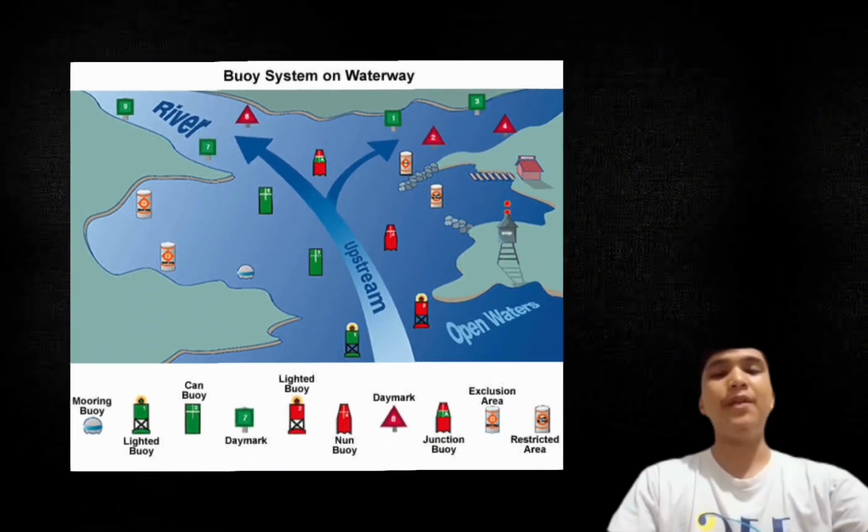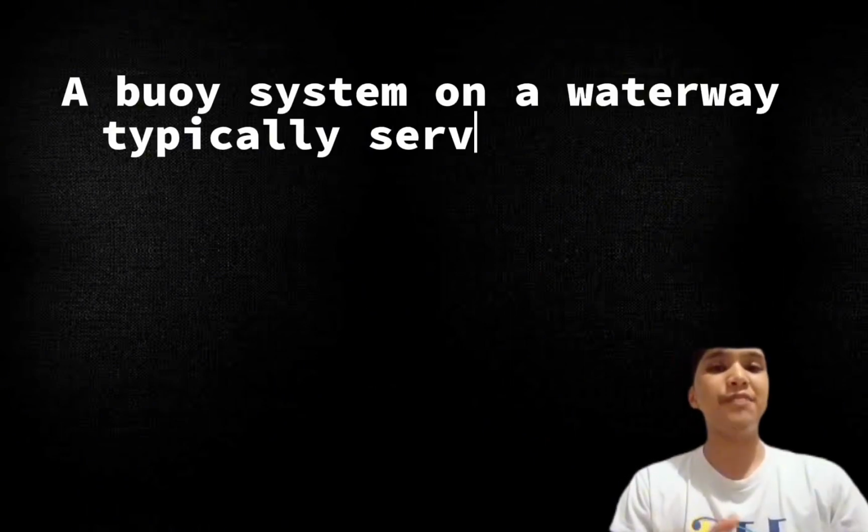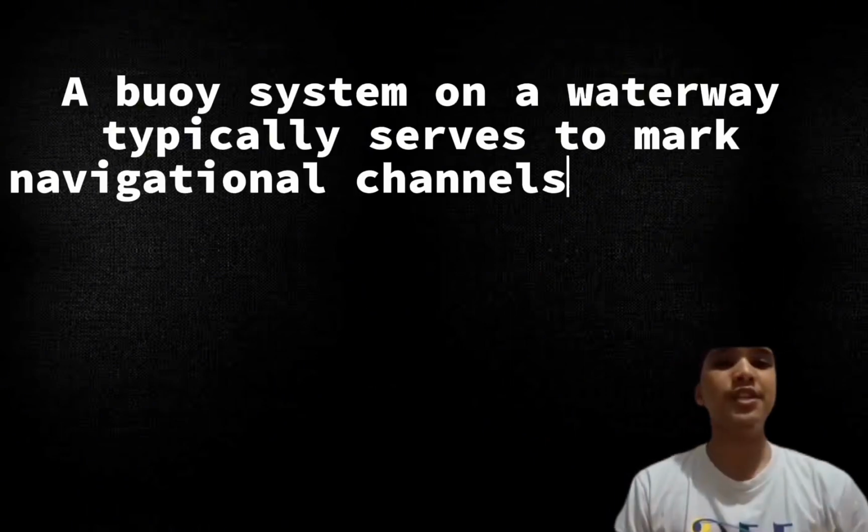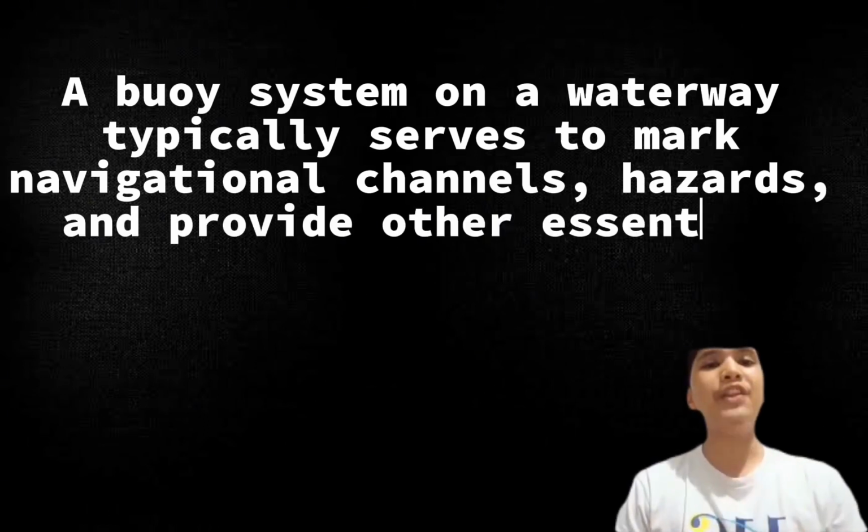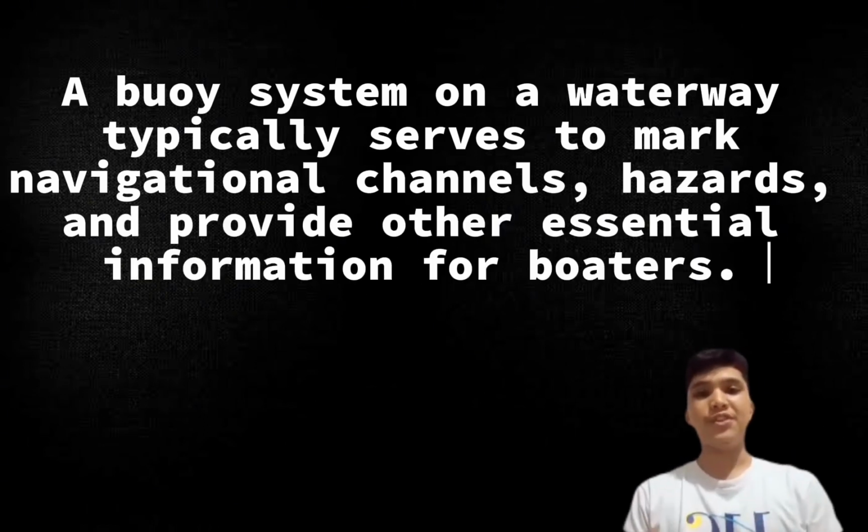So next is navigational aids. An example of a navigational aid is a buoy system on a waterway, which typically serves to mark navigation channels, hazards, and provide other essential information for boaters.